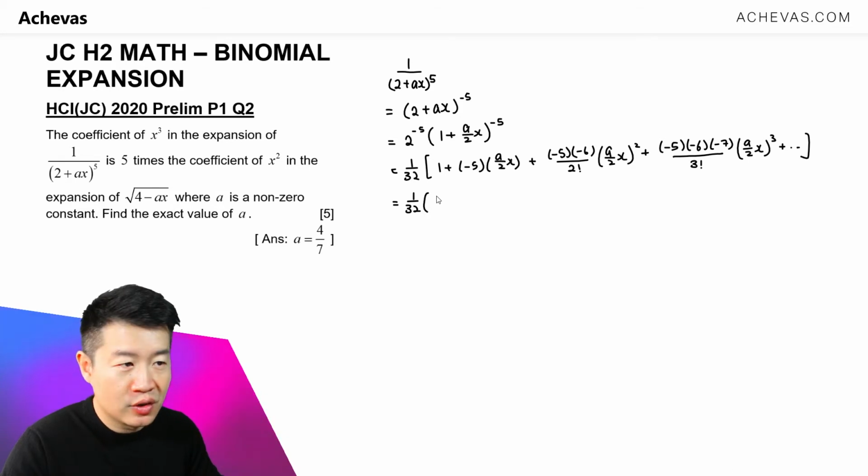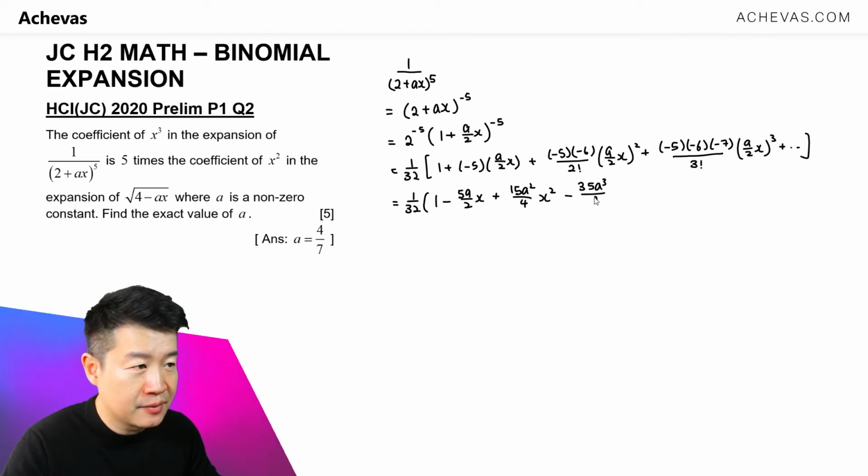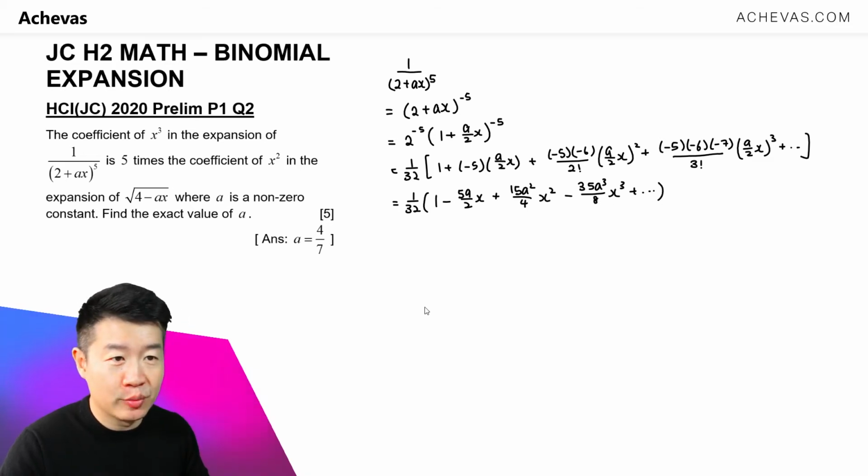This is going to be 1 minus 5a over 2 x, then plus 15a squared over 4 x squared, then minus 35a cubed over 8 x to the power of 3, and so on. It is an infinite polynomial.